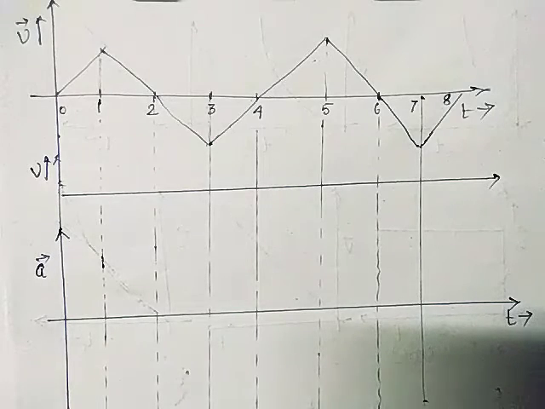Here I have taken an example, and in this example at first I have taken the data of the velocity versus time graph up to 8 intervals, 1 2 3 4 5 6 7 8.